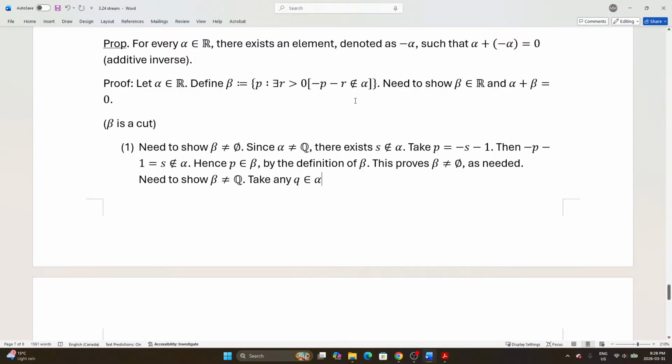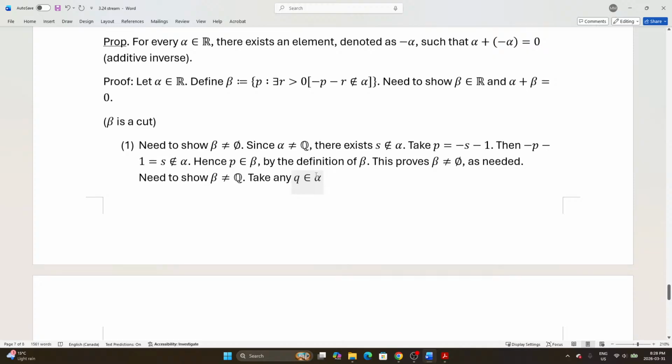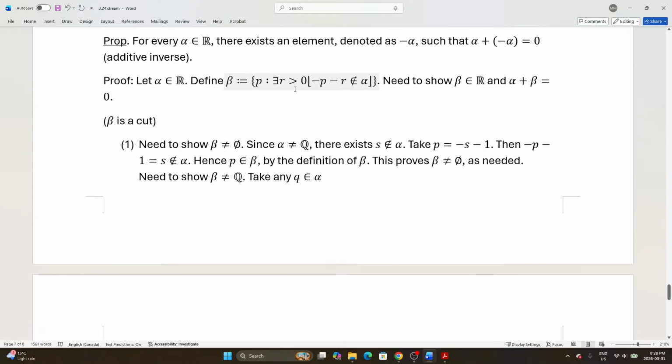Does there exist a positive R such that minus Q minus R is in alpha? Or is not in alpha? So something less than minus Q. Take any Q in alpha.